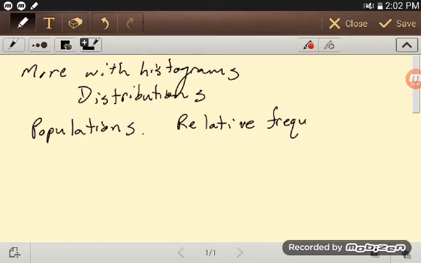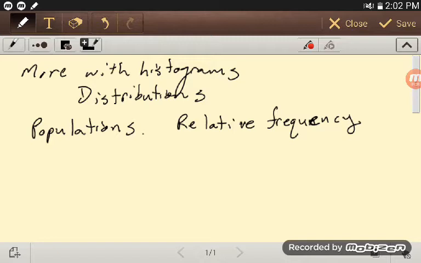Up till now with the one video, we looked at just the frequency. So, there were 10 things, there were 11 things, there were 22 things, there were 5 things. So that's frequency. Relative frequency is what percentage of the overall are we talking about.